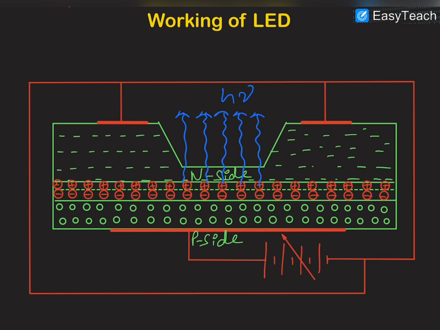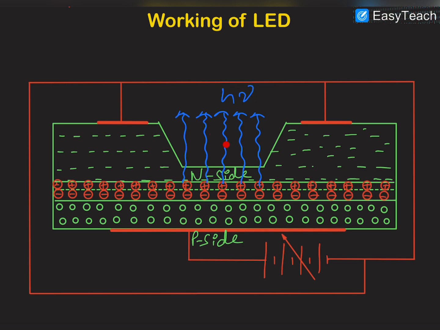Due to recombination of one electron with one hole, one photon will be emitted. If the number of electron-hole pairs recombining at the junction increases or decreases, the number of photons will increase or decrease accordingly. So we can control the intensity, or the photon flux, emitted by the LED by controlling the applied voltage.